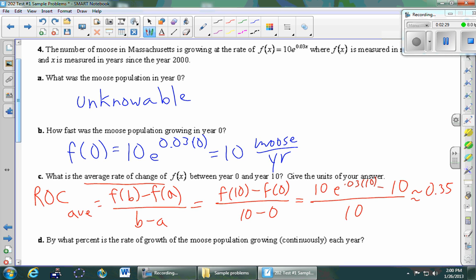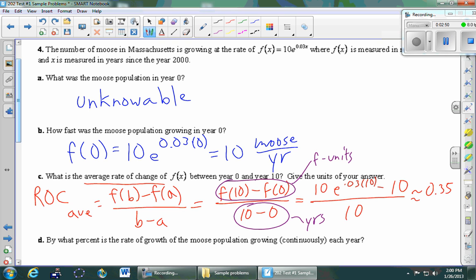And let's include units. So the best way to find units is to just look at the formulas that you plugged into. So the numbers up in the top here were in f units, and the numbers in the bottom, 10 and 0, those were years, right? So upstairs we've got f units, and downstairs we have years. So it's going to be something per year.